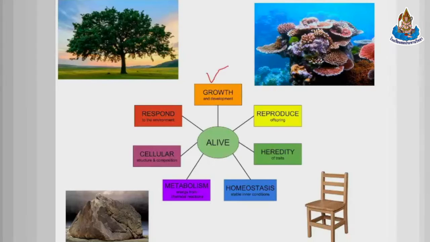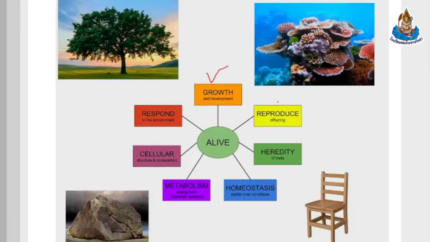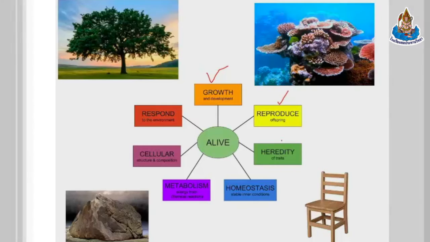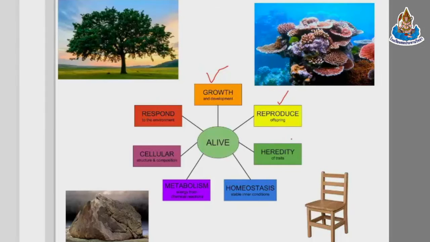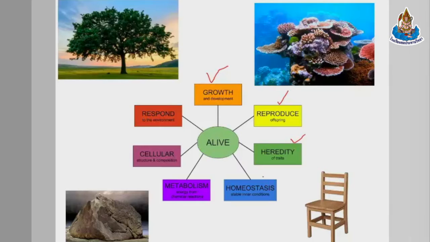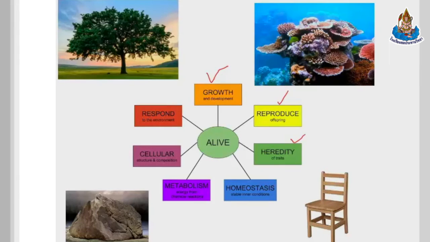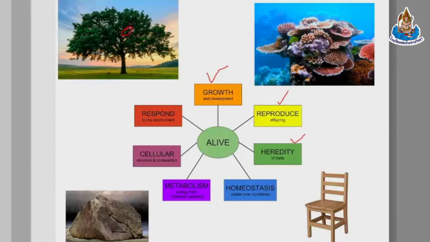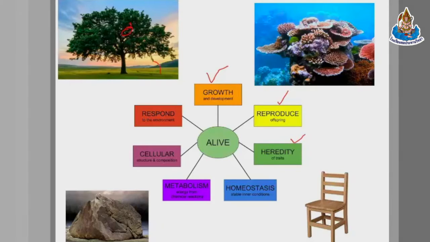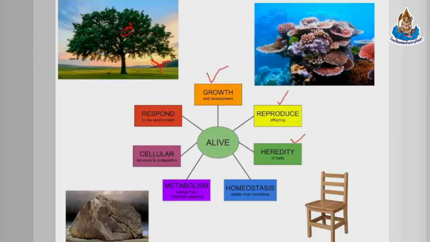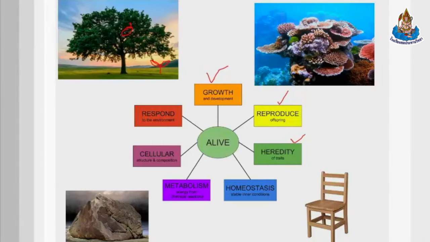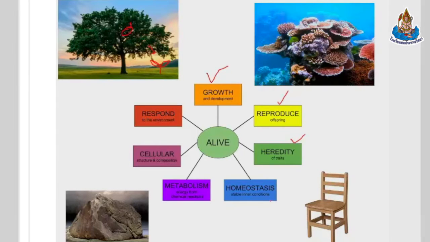Tree can grow. Tree can reproduce a new tree, and they can pass on their traits. Like if this one is a mango, the new tree born from this one will also be a mango. They can maintain homeostasis.